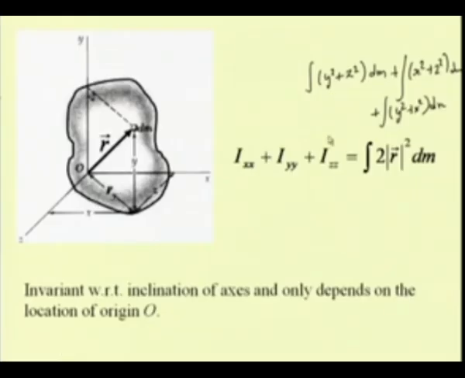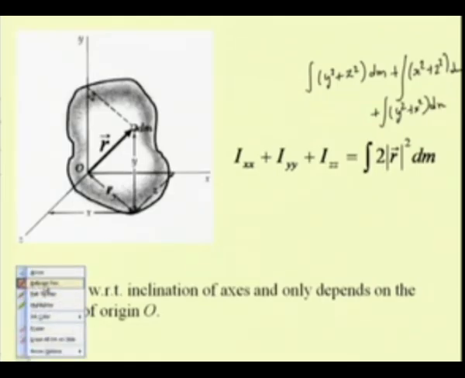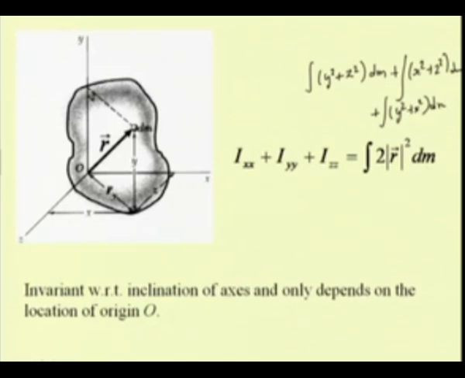Thus we see that the summation of the second moments with respect to the principal axes, x, y and z, is invariant. That means it is equal irrespective of any coordinate system that we may take. So, let us take another coordinate system, say y prime, x prime, z prime, which is a rotated coordinate system.